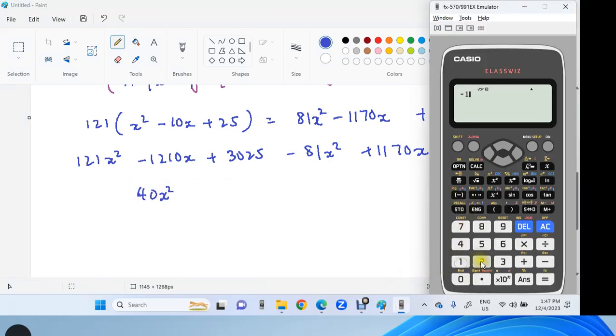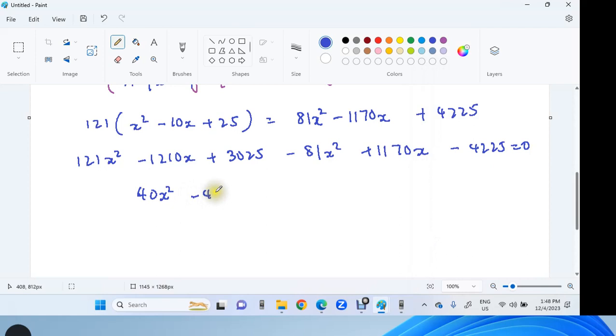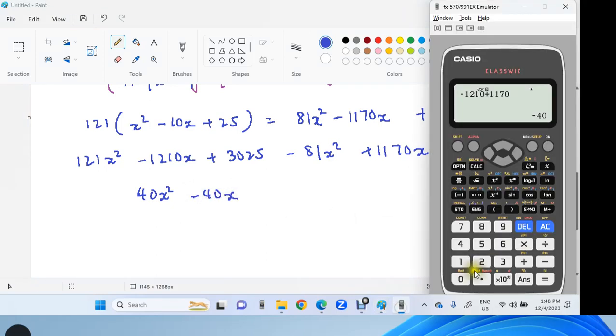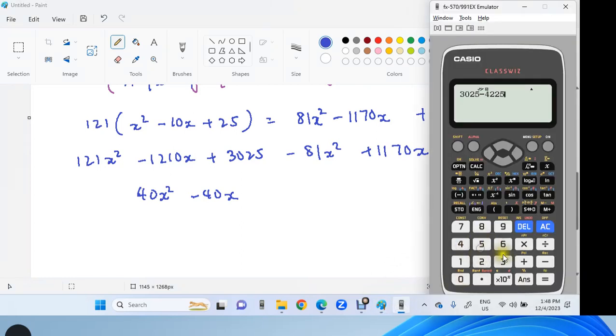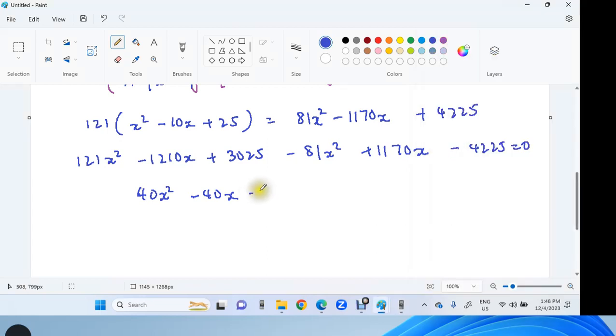And negative 1210 plus 1170 is negative 40x. The 3025 minus 4225, it will become 1002 minus 1002, all divided by 40.